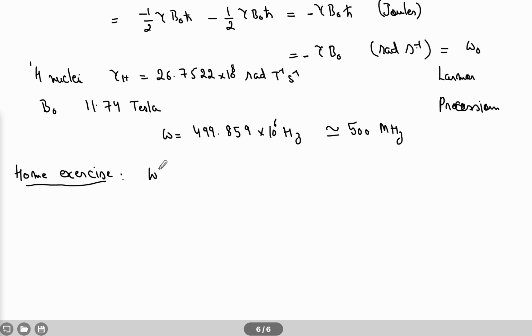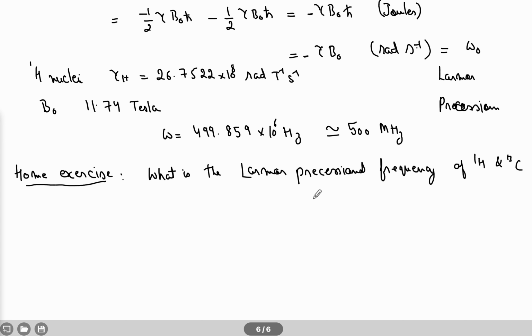So what is the Larmor precessional frequency of 1H and 13C in Earth's magnetic field?